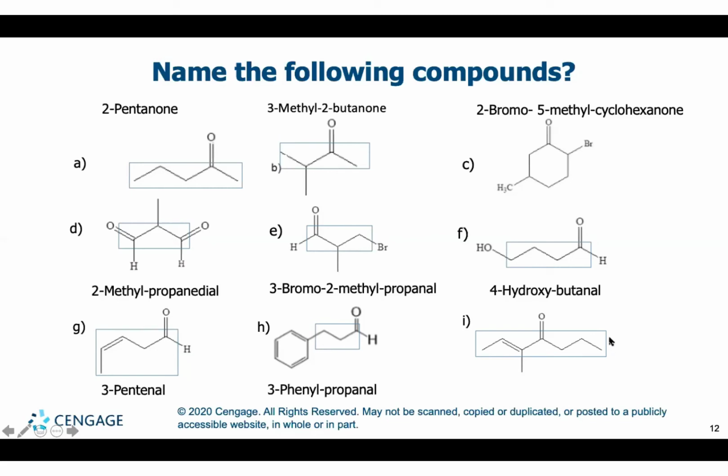Even if you start from the left side, 1, 2, 3, 4, both from both sides will be number 4, the carbonyl group. So we should start from the left side to reach the branch and this alkene group sooner. It's going to be 3-methyl, 2-hepten. On carbon 2 I have a double bond and it's going to be 4-one.